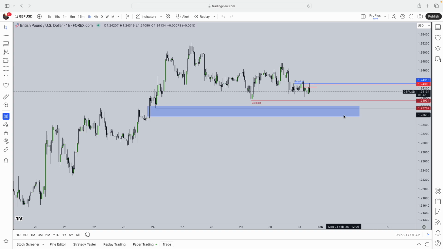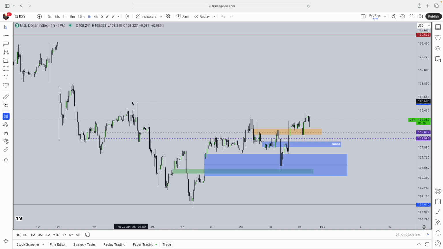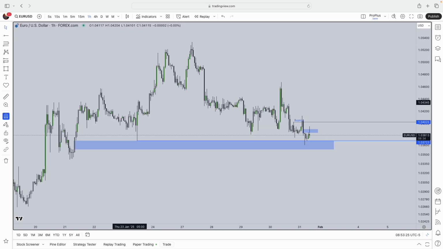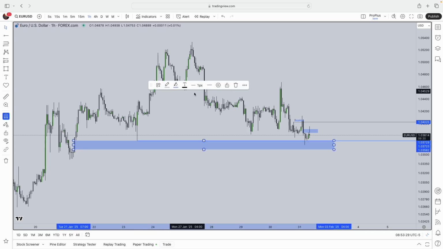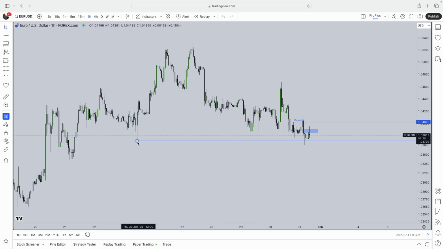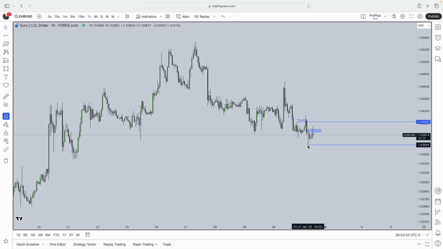So yeah, but for me now, cable lower here, dollar higher, which would then make euro go lower. So where do you want to go to? I want to go to this low here.